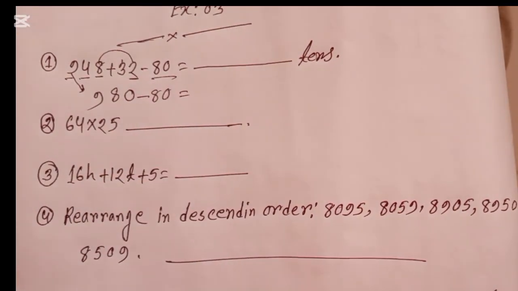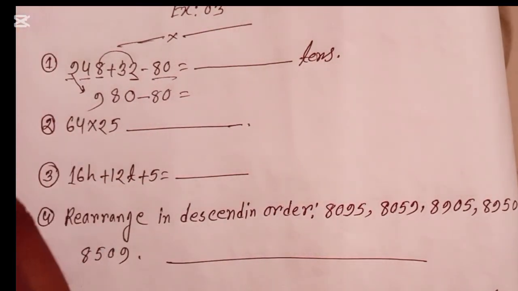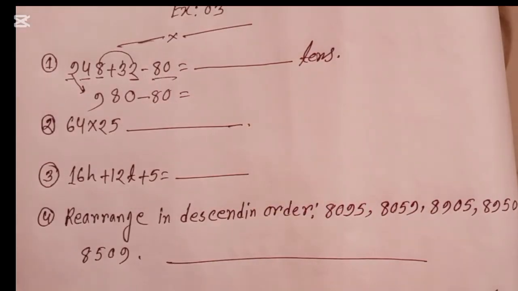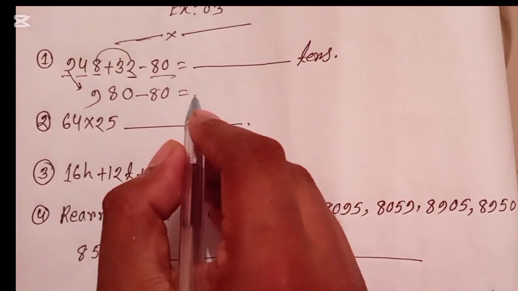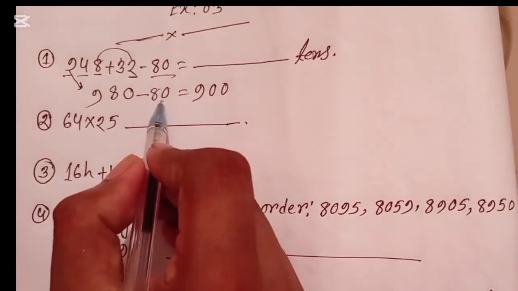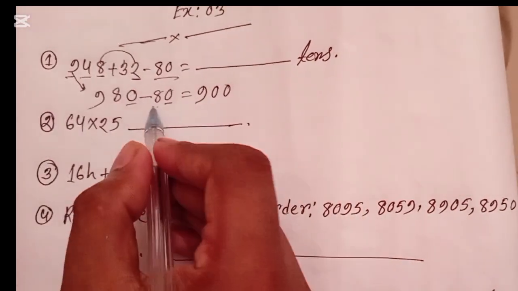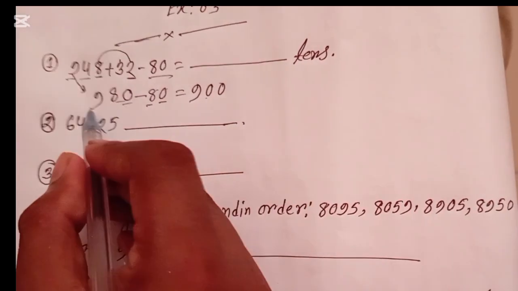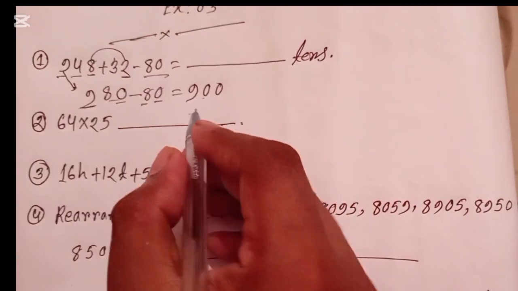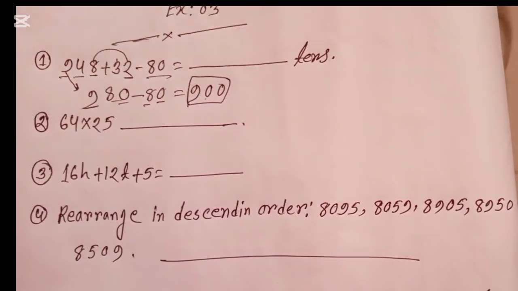If we subtract 80 from 980, we will get 900. 0 minus 0 is 0, 8 minus 8 is 0, and then 9 is brought down. So our final answer is 900.